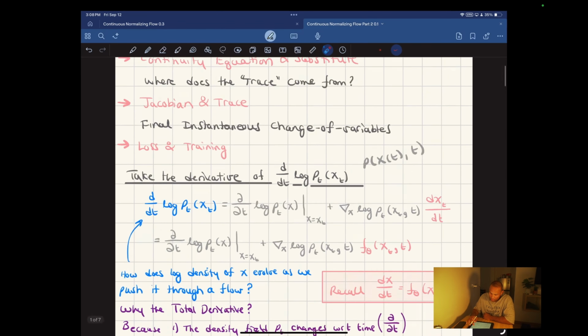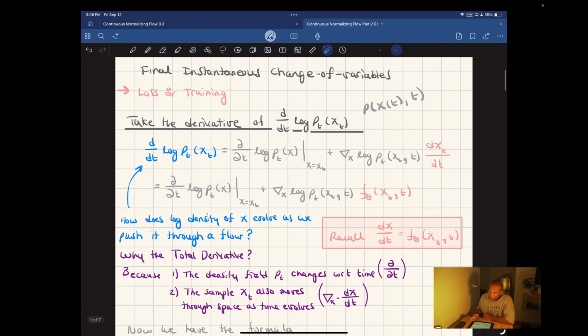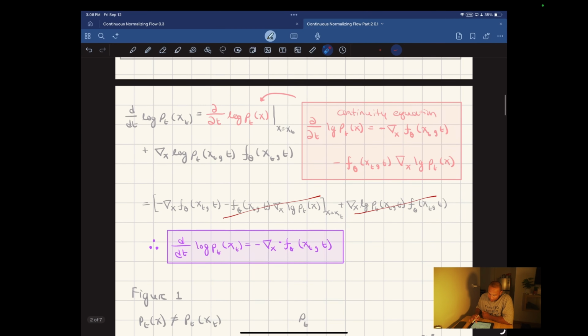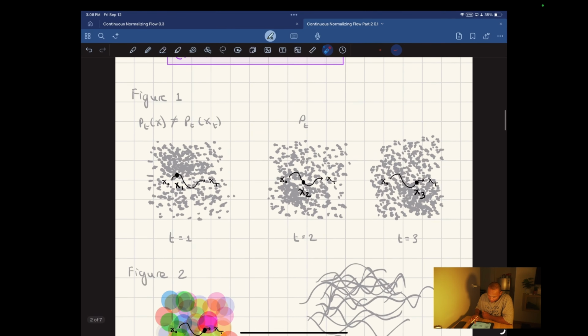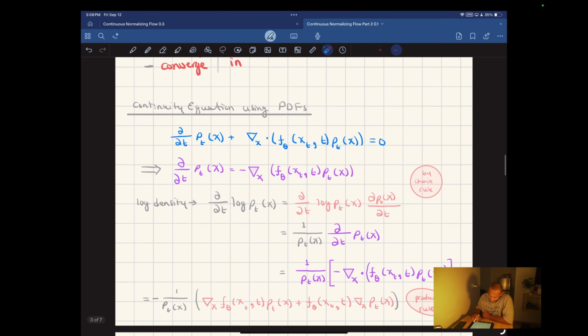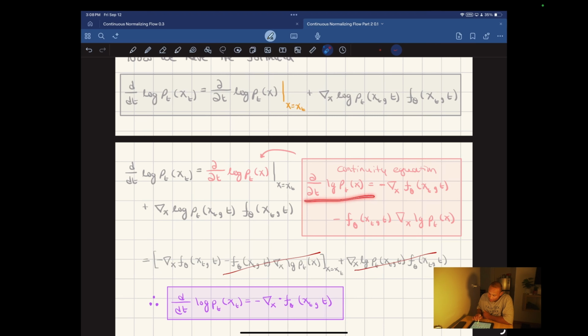Now, to actually get the instantaneous change of variables formulation, first we take the total derivative of our log density. That, coupled with the conservation of mass in continuous time, the continuity equation, which is the partial derivative of our log density with respect to time, we compute to be this.